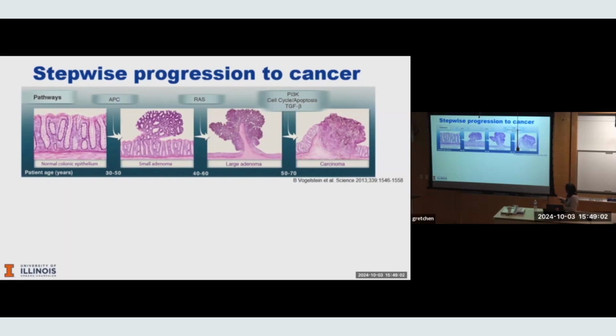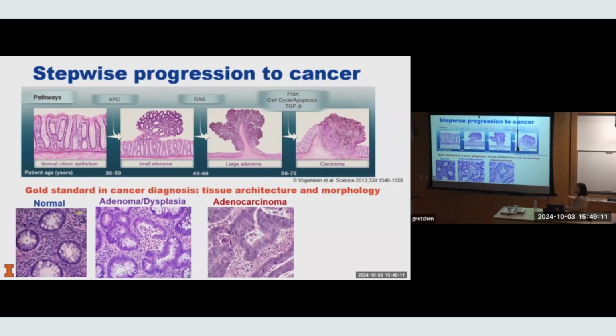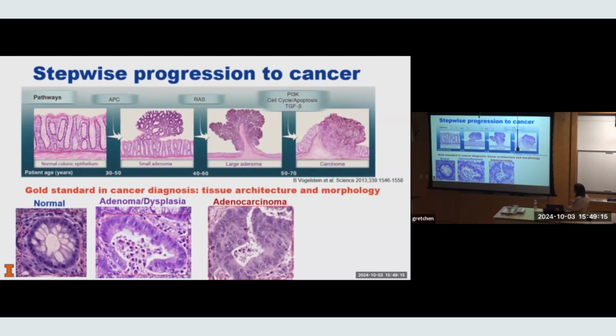Each of these stages, normal transforming to a small tumor, to a larger tumor, and eventually to invasive cancer, has a gold standard that is actually a physical property.